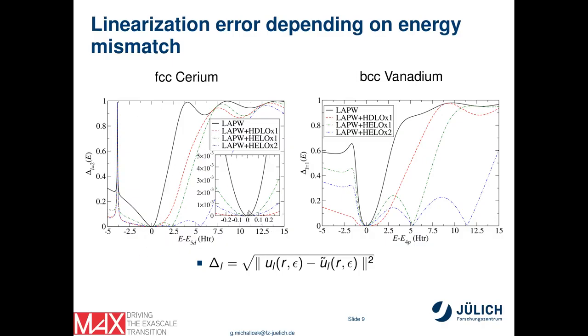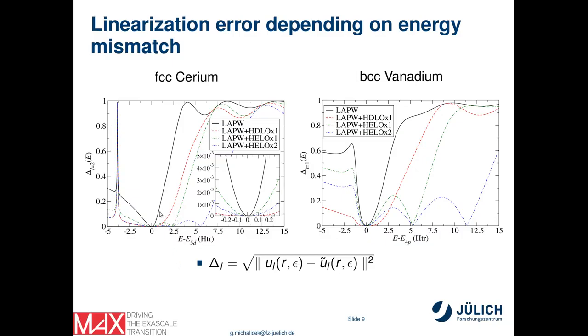Within the vicinity of our energy parameters, the representation of all the states is always good. But if we go farther away, you see that the representation gets worse and worse. But if we include some local orbitals, the representation stays very well.